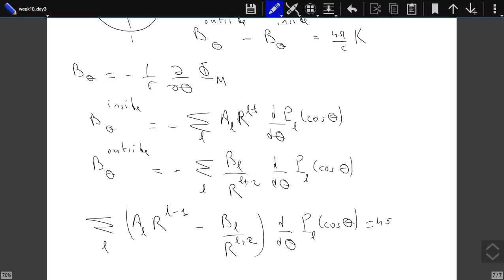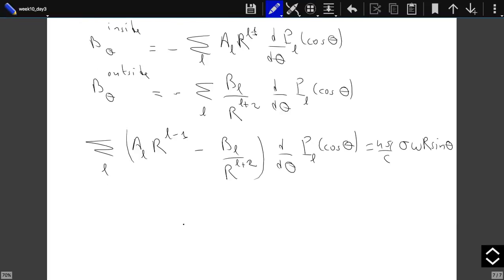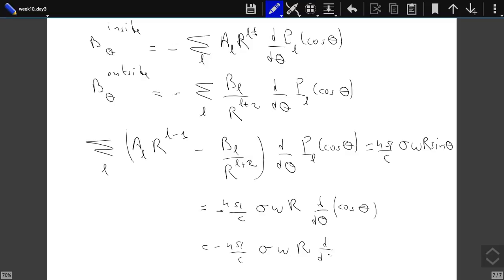This should be equal to 4 pi over C times K, the magnitude of K. But we had already evaluated the magnitude of K is nothing but sigma omega times R times sine theta, which is 4 pi over C times sigma omega R, let me put a minus sign, d by d theta of cosine theta, which is minus 4 pi over C times sigma omega R d by d theta of P 1 of cosine theta.